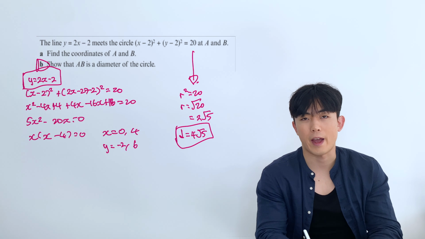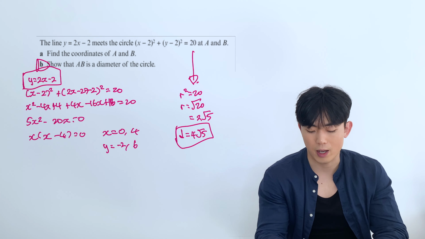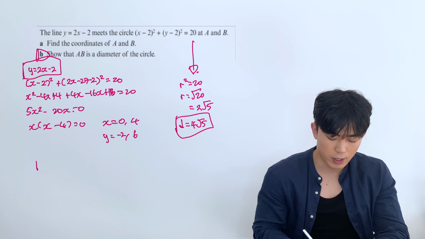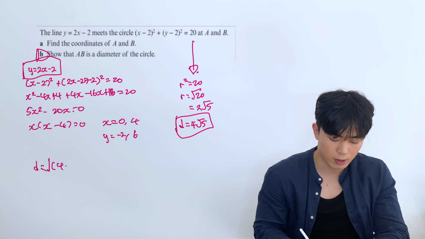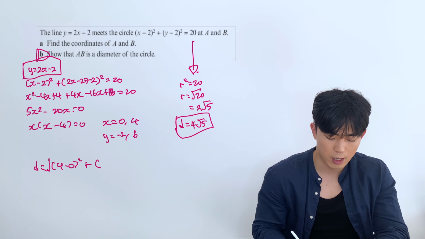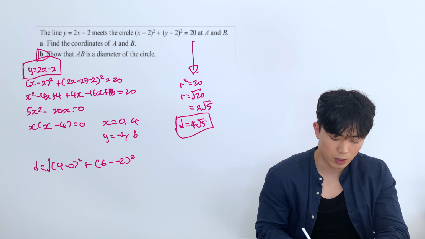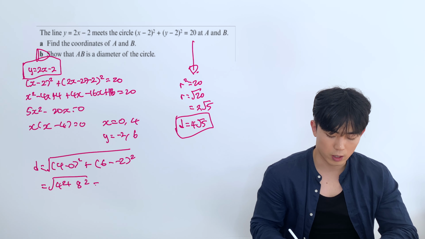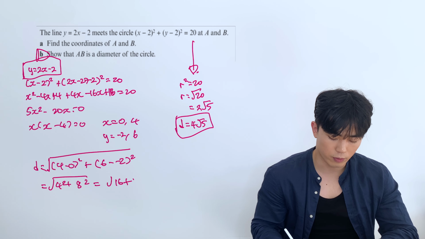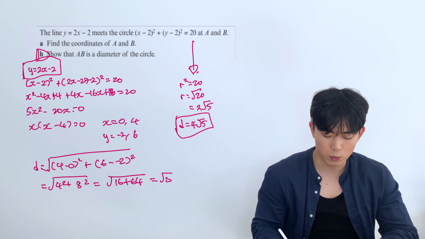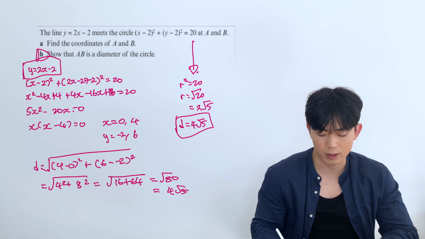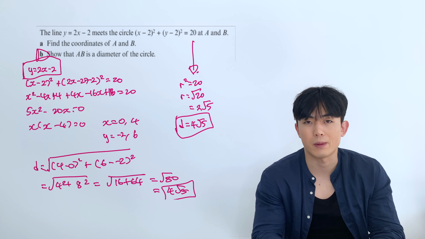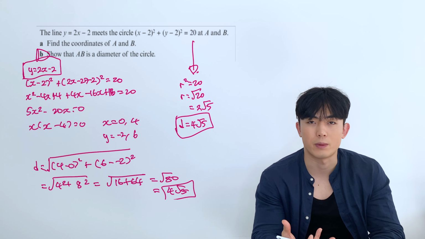So we just need to show that the length AB is 4 root 5, and we can do that by finding the distance between A and B. The distance will be 4 minus 0 squared, plus 6 minus minus 2 squared, leaving us with 4 squared plus 8 squared, which is 16 plus 64, which is root 80, which I can rewrite as 4 root 5. So the distance between A and B is 4 root 5, and the diameter is 4 root 5, so we know that AB is the diameter of the circle.